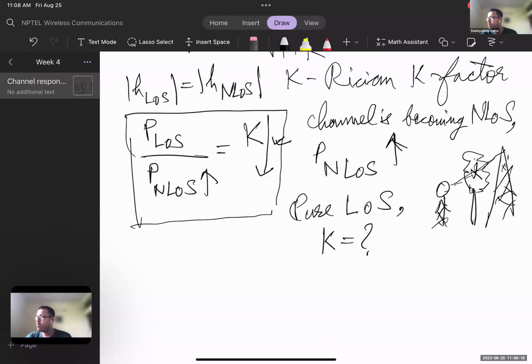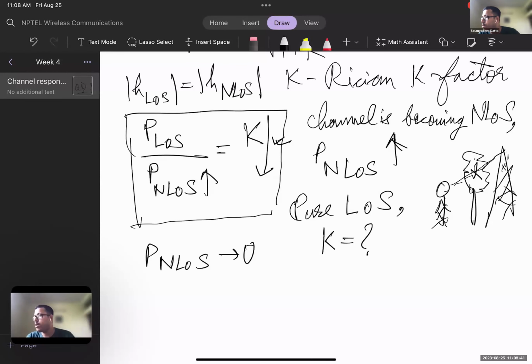So in a pure line of sight channel, what is the value of non-line of sight component power? Can somebody tell me? It's pure line of sight, so there is no NLOS component. It's approaching zero, right? It's like next to negligible.